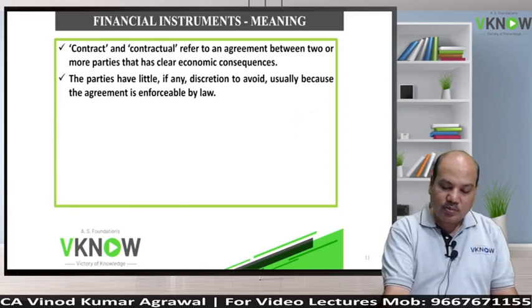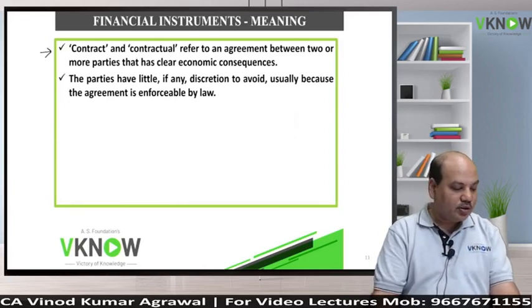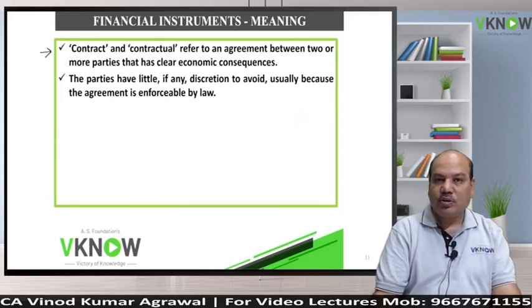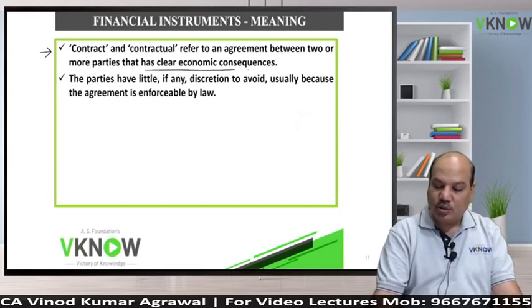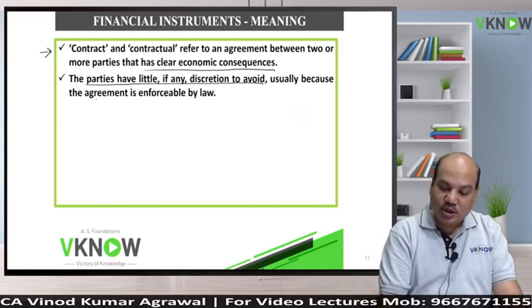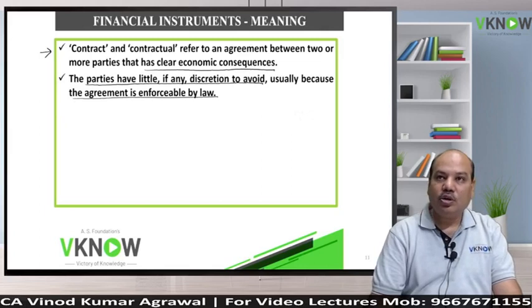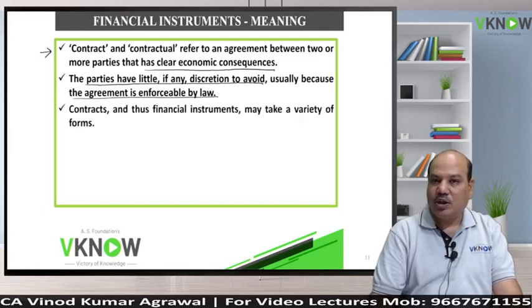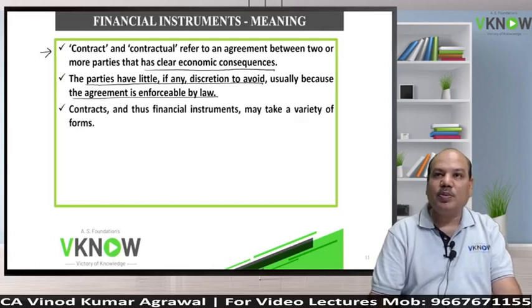Let us quickly summarize what a contract is. Contract or contractual means an agreement between two or more parties which has clear economic consequences. Contracts cannot be avoided at its discretion by a party. Contracts can be enforced by law. That means it will cast an obligation on the parties to honor the contract.